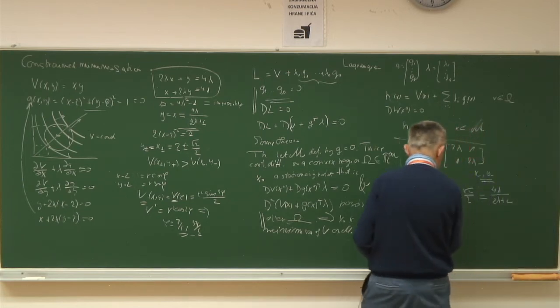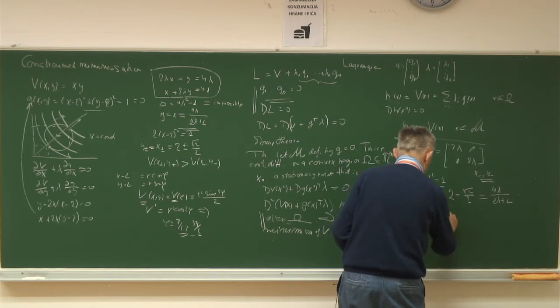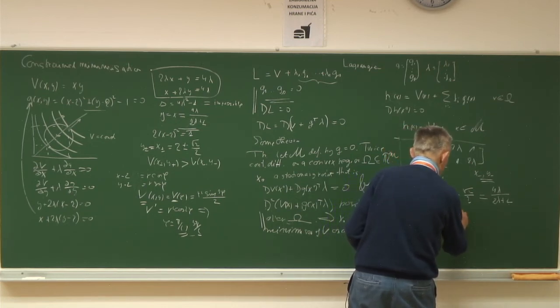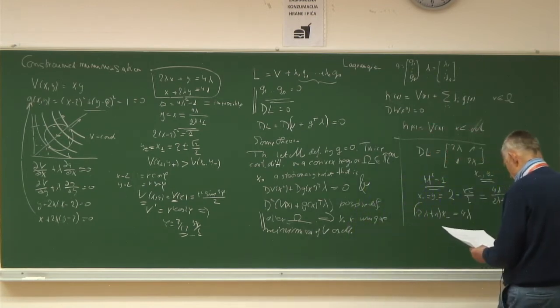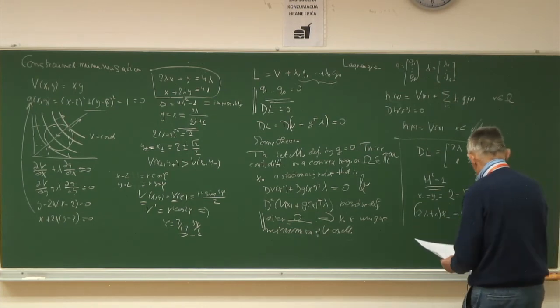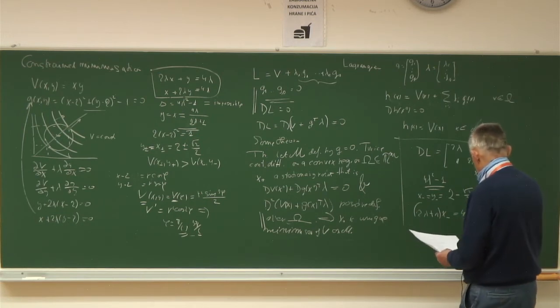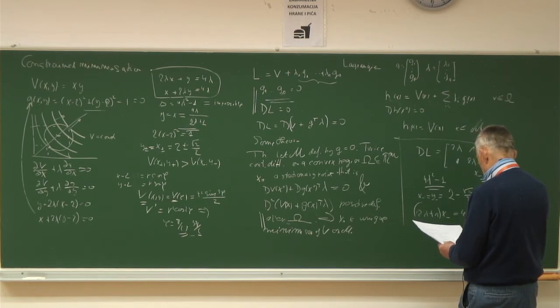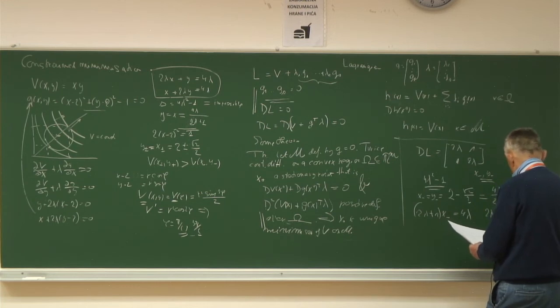So we have from this 2 lambda plus 1 times x minus equals 4 lambda. And that means that 2 lambda is equal, this you get here, to 2 square root of 2 minus 1.